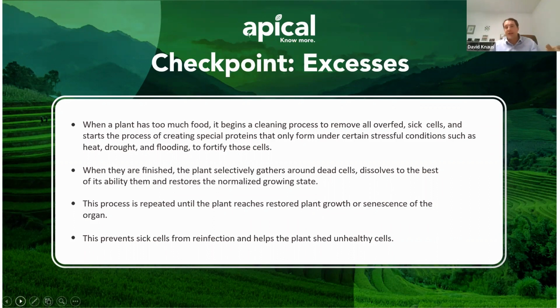These fortify the plant's long-term health in order for the plant to survive. But during that process, the plant also sequesters all of the dead cells and dissolves them as best it can so that it can resume its normalized growing state.